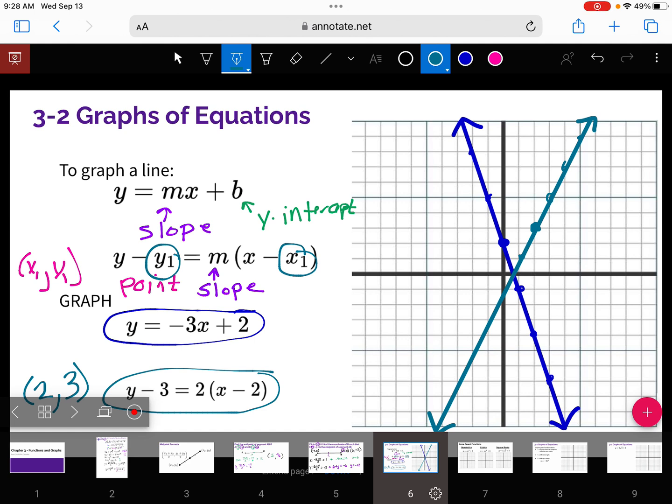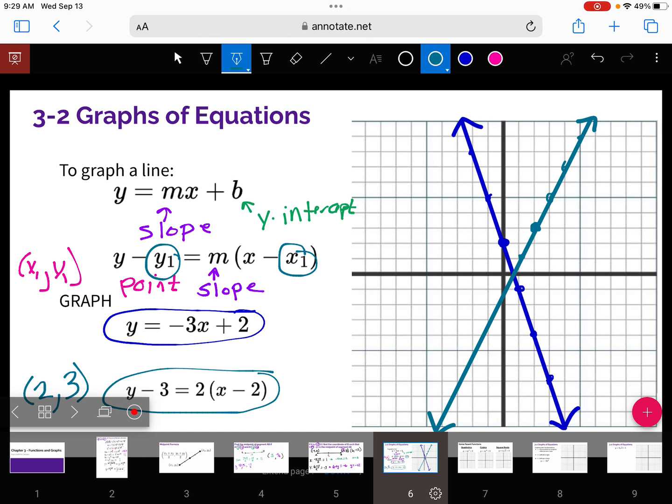Is that because there's nothing on that side? That's why the x slope is 1. Wait, this 3, 2? So for this guy, it's positive 3 because our formula is y minus y1. And our slope is 2 because that's m.